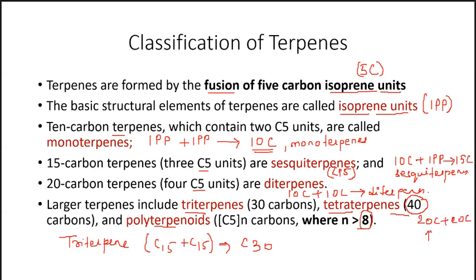So this is 4 into 5 carbon, and this is 4 into 5 carbon. 5 carbon means isoprene units, IPP. So total tetraterpene has 8 IPP. Up to 8 it will be tetraterpene, but when more than 8 it will be named polyterpenoids.